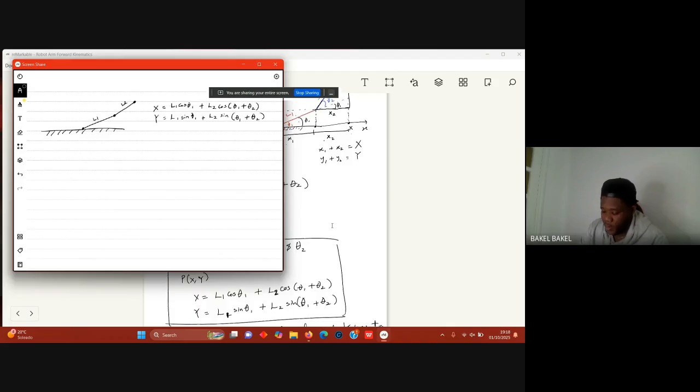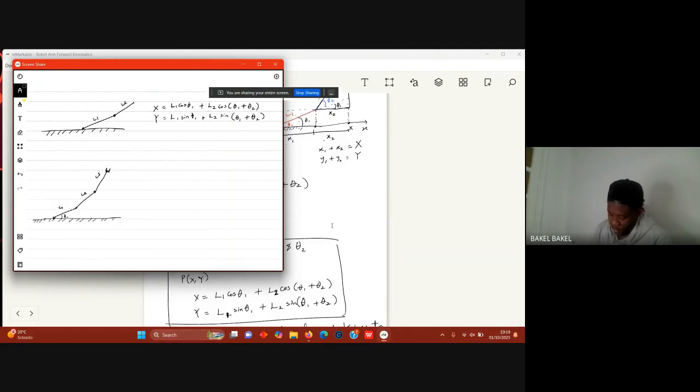If we're to add another link to this as L3, what happens? Now, some people solved it, but just in case, we want to see what happens again. L1, L2, then these are the end effector. The end effector is like the fingers, the palm, whatever. L3. In this case, we have theta 1.